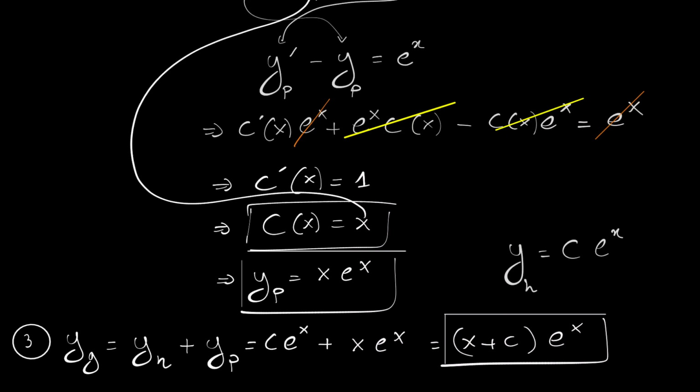In summary, solving a linear equation is about finding the homogeneous solution first, and then varying the constant to find the particular solution. This method is very easy and works for any functions a of x and b of x.